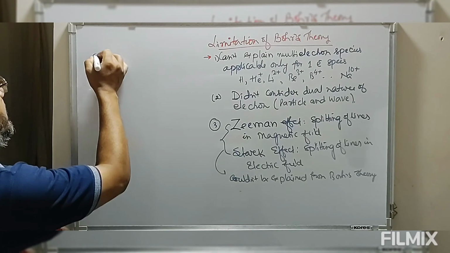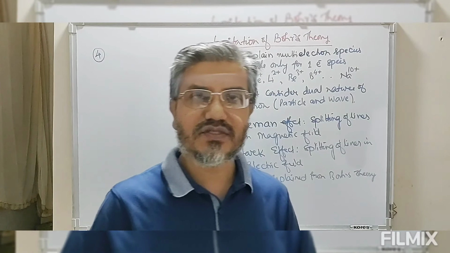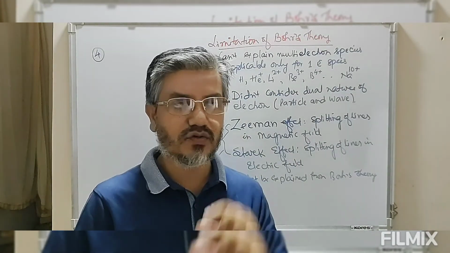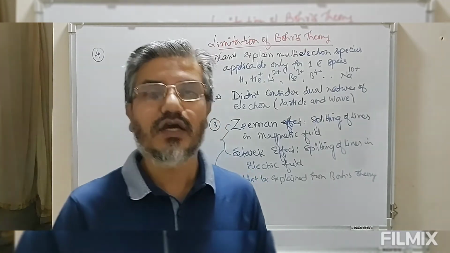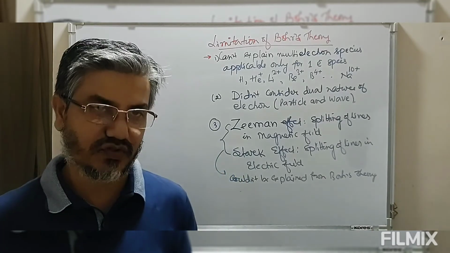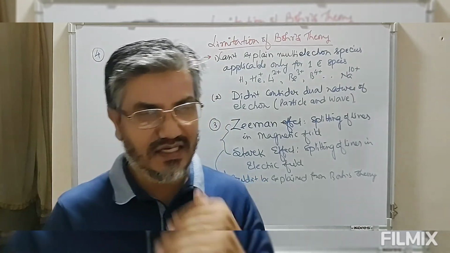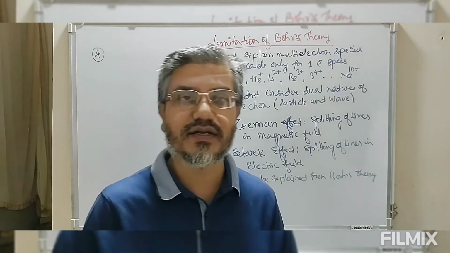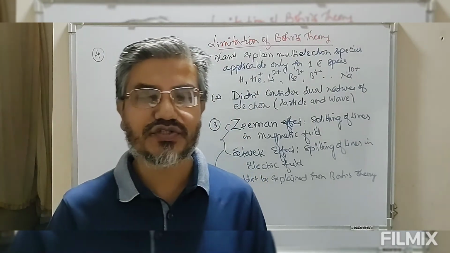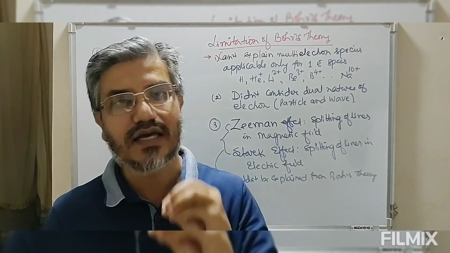Now the fourth demerit of this theory. While deriving Bohr's theory, we say that when an electron is moving in a particular fixed orbit having a fixed energy, we can exactly define the location and the momentum of the electron. But in reality, Heisenberg's uncertainty principle says that for such a small subatomic particle as the electron, the exact position and the momentum cannot be measured accurately simultaneously.